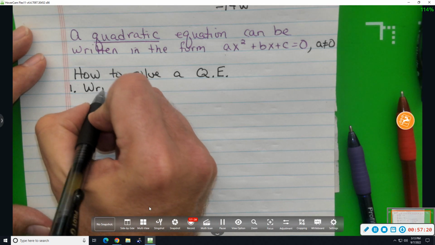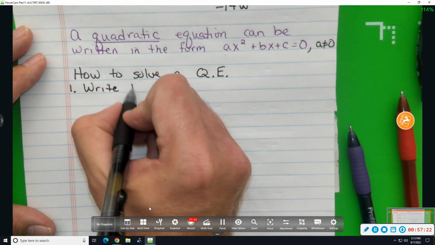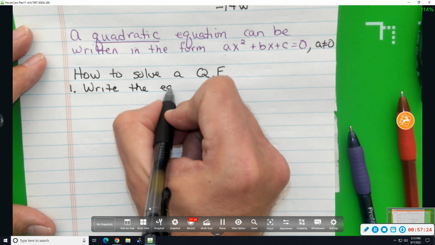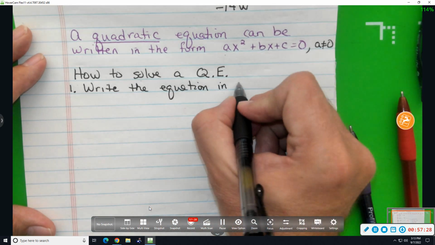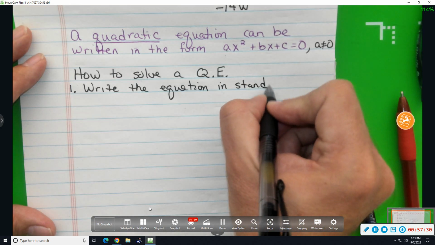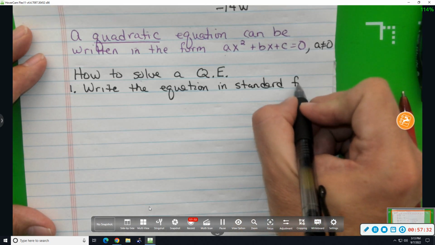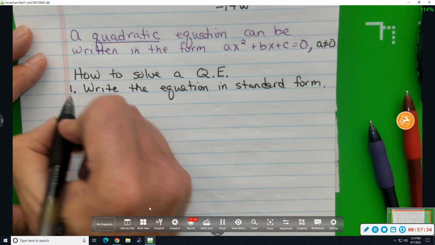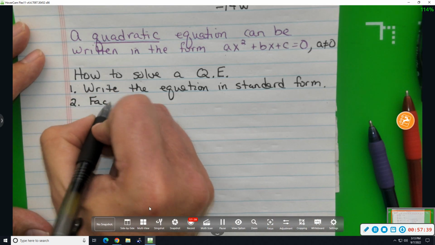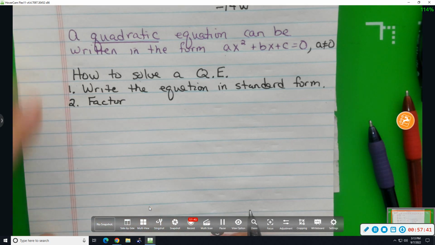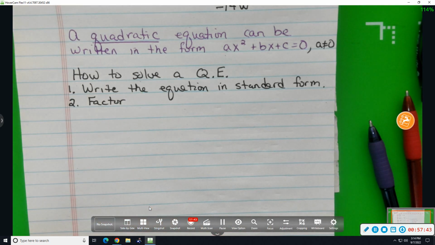Write the equation in standard form. In step 2, factor the equation. That's where you're going to write it with the 2 parentheses.